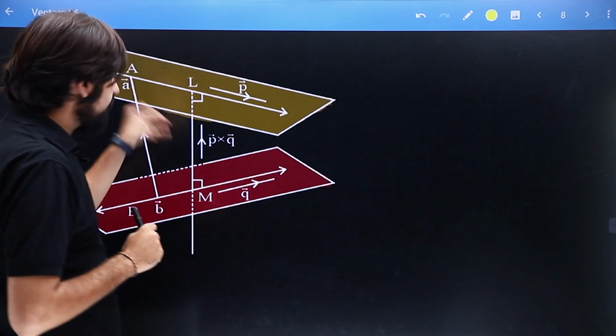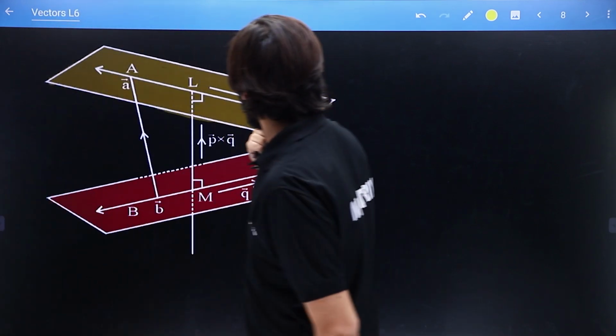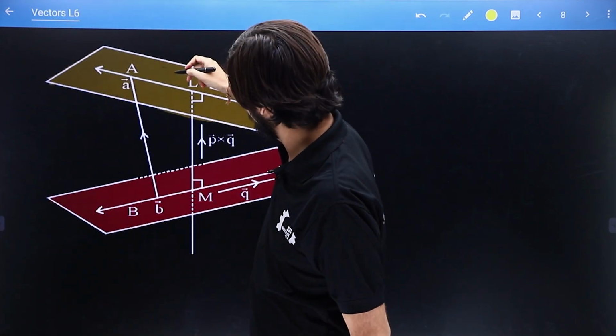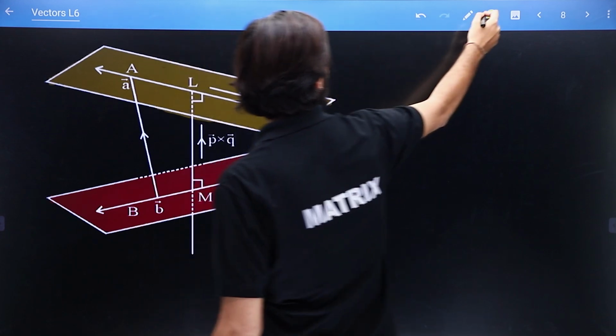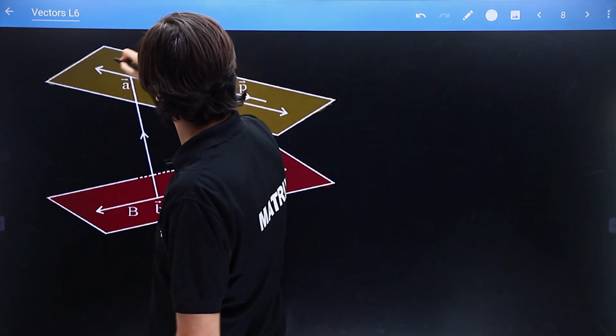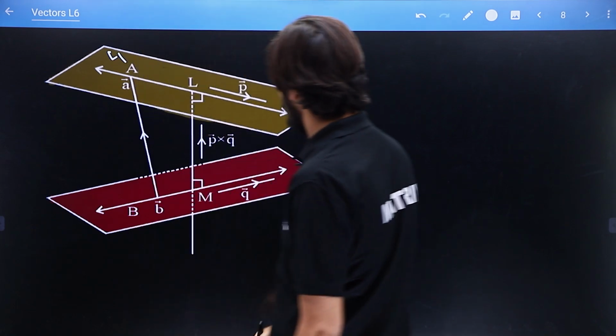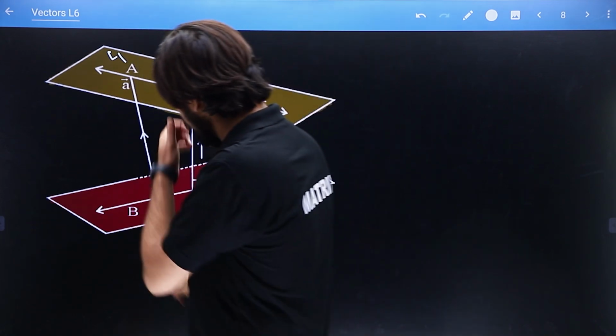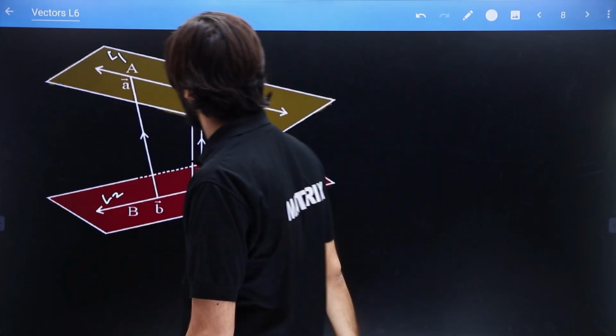Now, what can we do in this? This is your line, we call it L1, or maybe they are writing it as L. And another line, let's call it L2.